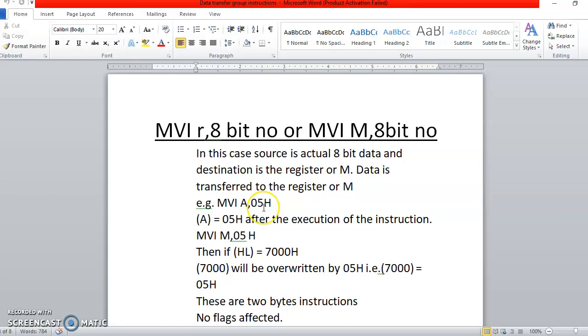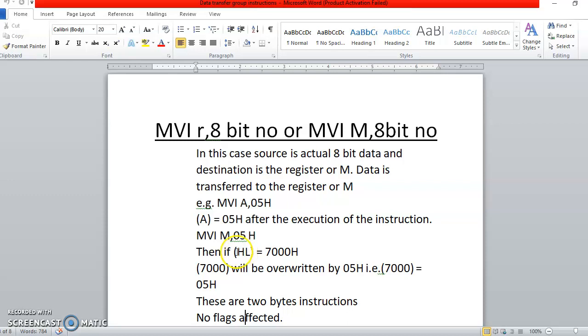So whenever you want to transfer a fixed data into a register, we use the MVI instruction. Now suppose it is MVI M, 05, then where will this 05 be copied into? It will be copied into the address which is specified by the HL register pair.